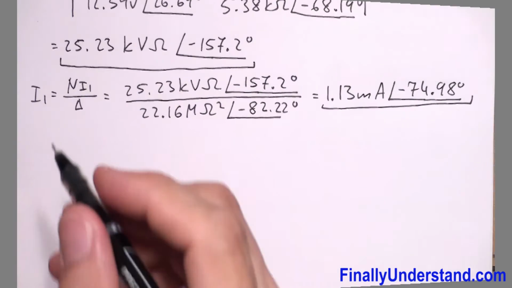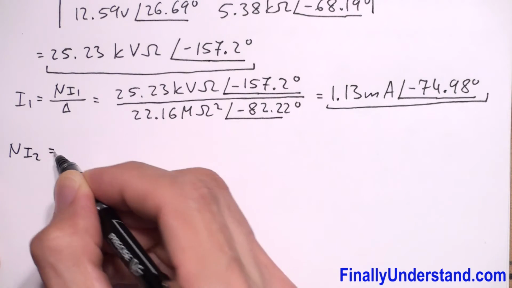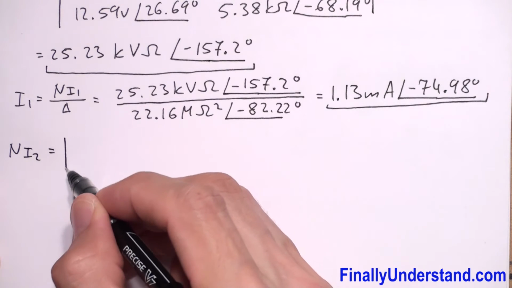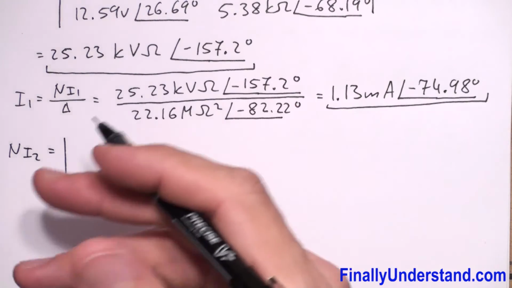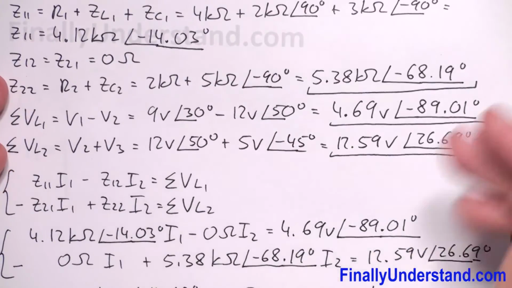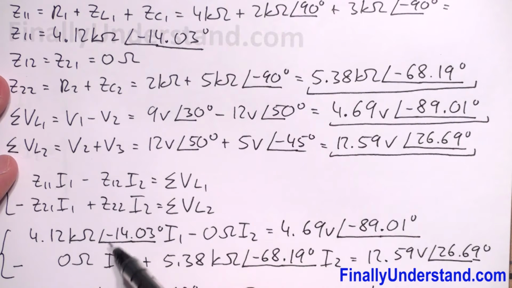Next we're supposed to find NI2. What we're supposed to do is solve the determinant, and we have to copy down the first column from the delta, and the second one we're supposed to replace by the voltages.